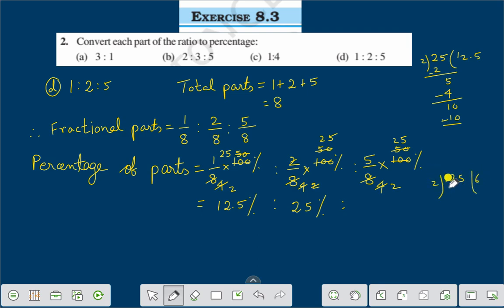It is 2 6s are 12. 5. 2 2s are 4. 5 minus 4 is 1. 0. 2 5s are 10. That is 62.5%. That is, first one is 12.5% is to 25% is to 62.5%.